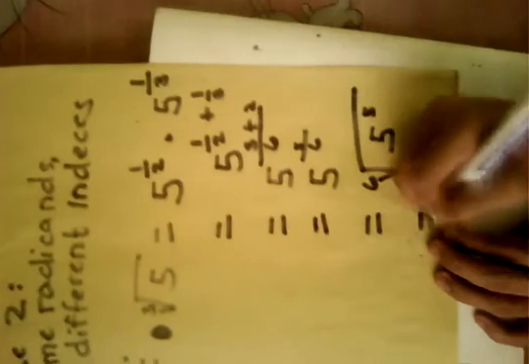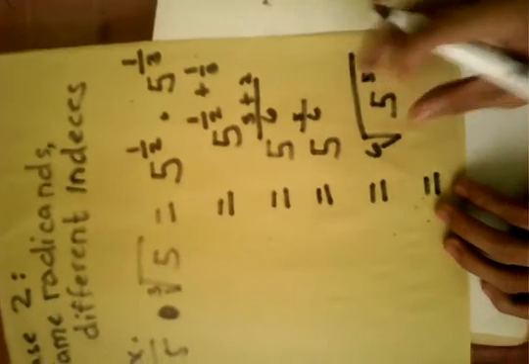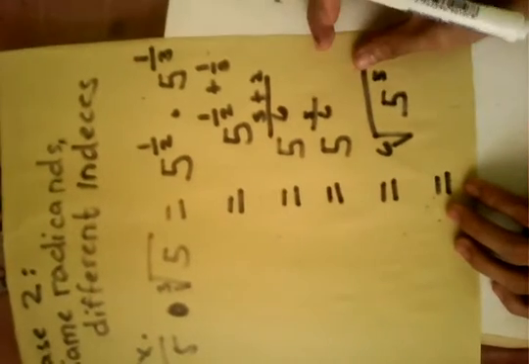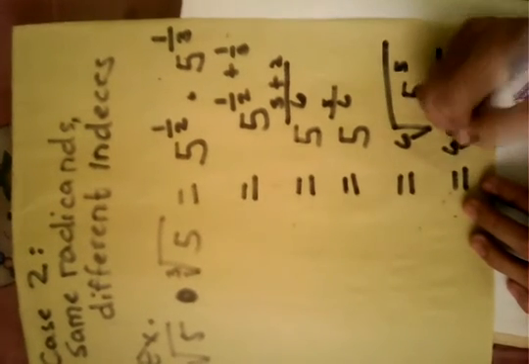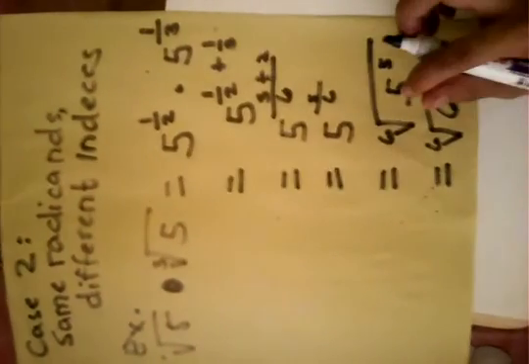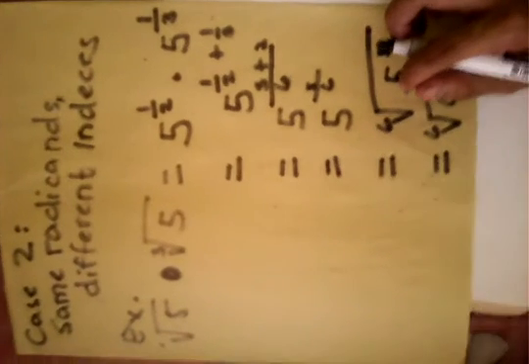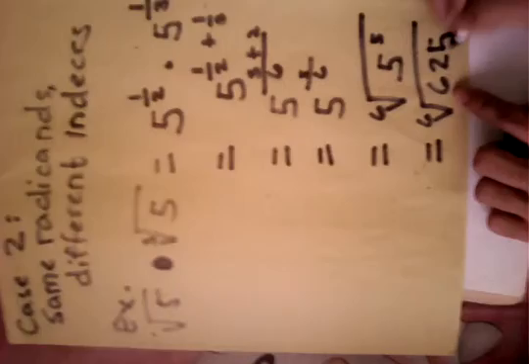So we have here a radical form which is the 6th root of 5 raised to the power of 5.